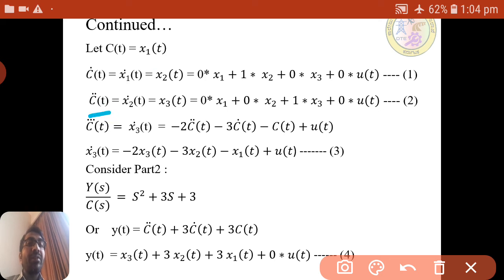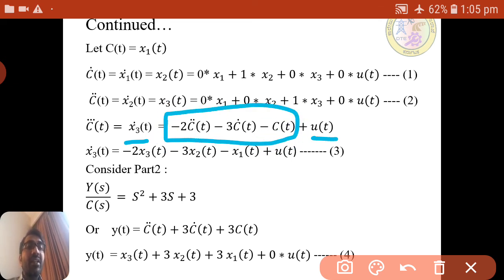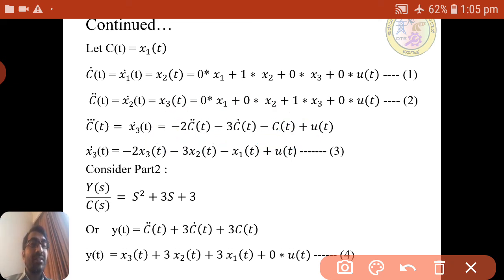The second derivative is x3 of t, only the x3 term will be there, all others 0. And the third derivative, x3 dot of t, is equal to u of t minus 3 times the second derivative, the first derivative, and the constant. These will be equations 1, 2 and 3.